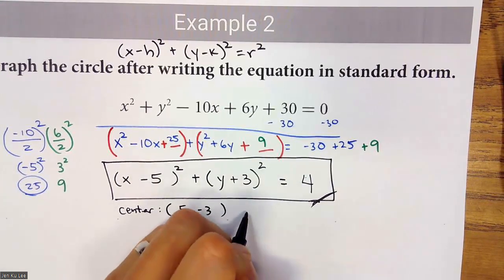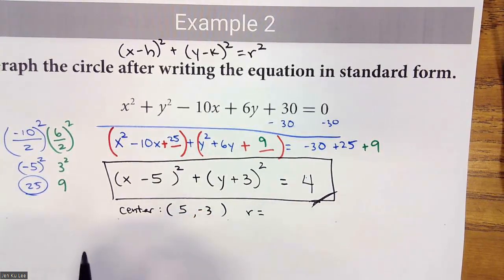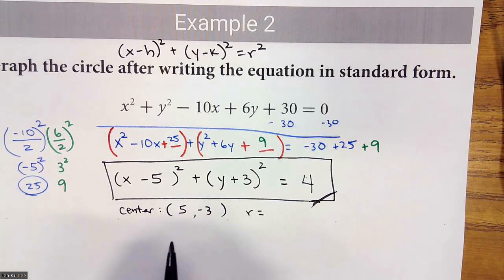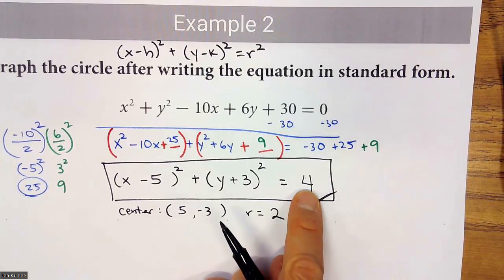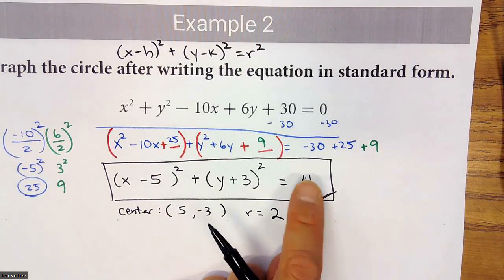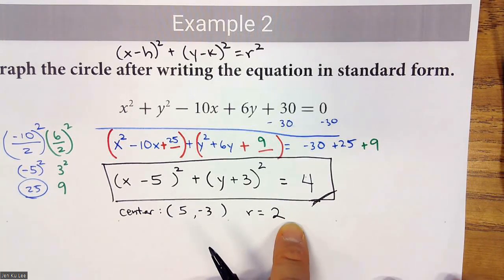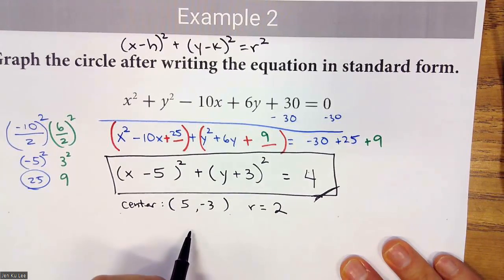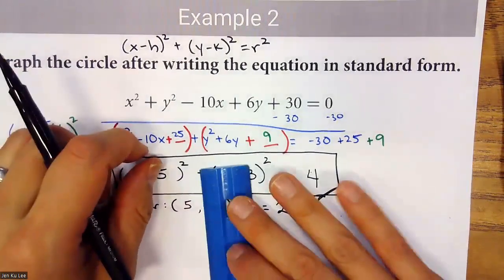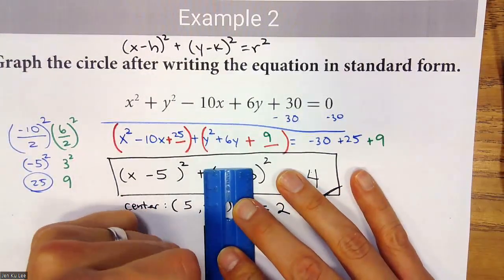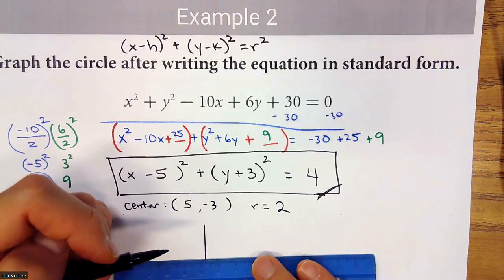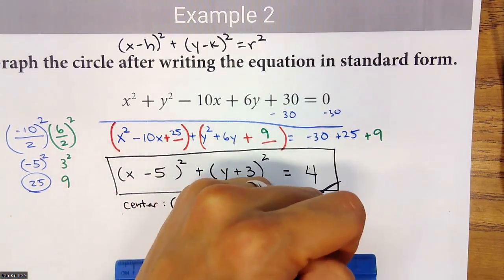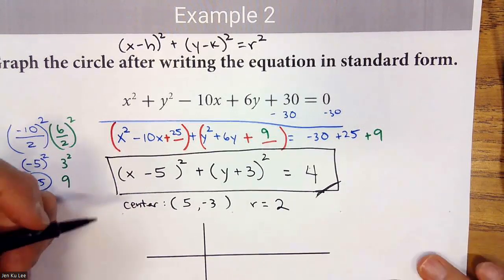Okay? What's my radius? No. No. 2. 2, because r squared is 4, right? If r squared equals 4, then square root it, r has to be 2. So I'm going to graph this by hand. Okay.